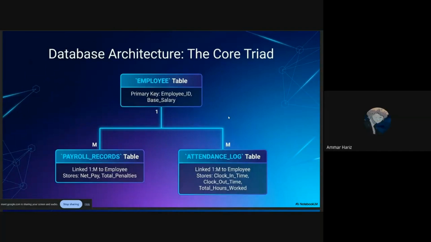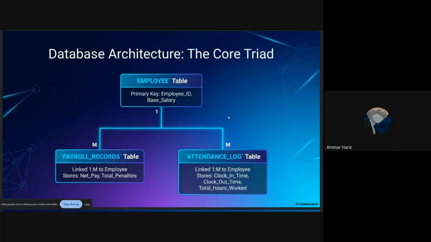Thank you, Ari. To support this logical pipeline, we designed a relational database structure. At the center of our database architecture is a core triad of tables. First, the employee table, which holds the primary key, employee ID, and stores the employee's base salary.